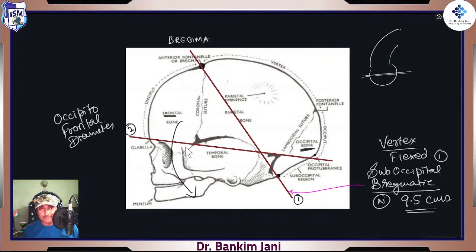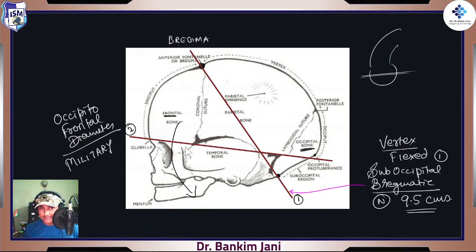Now, if the head is completely flexed, we had the first one, the suboccipital bregmatic. But if he says, no, why should I look down, and keeps his head straight, that is also called the military presentation.